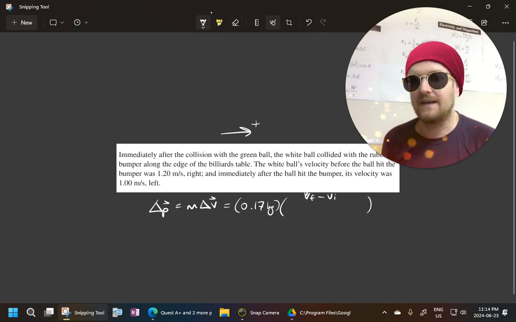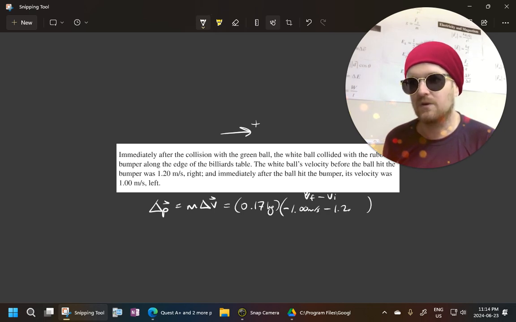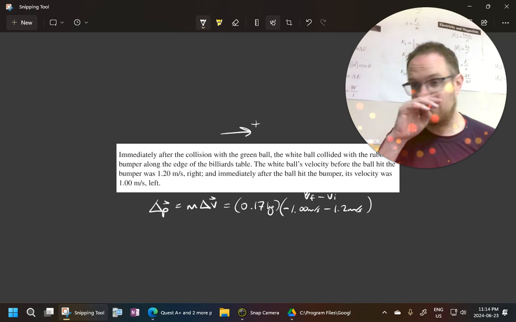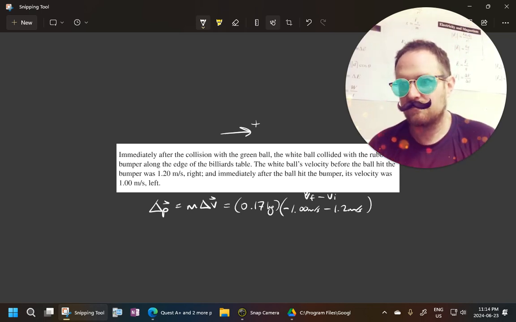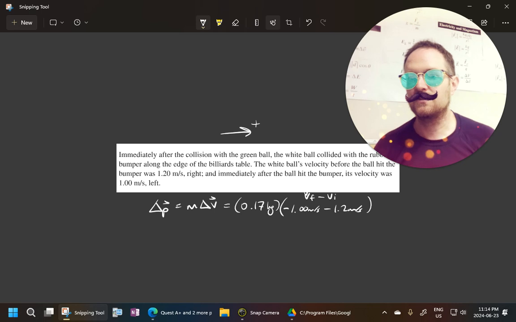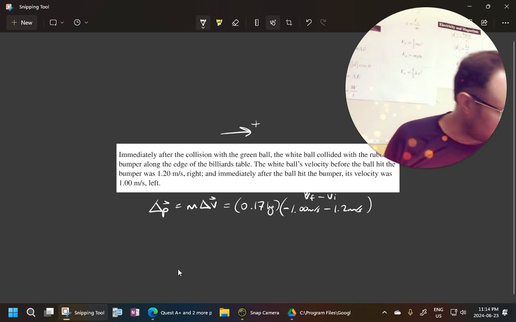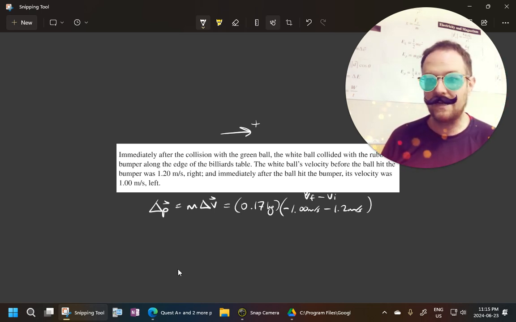So my final is going to be negative 1.00 meters per second minus 1.2 meters per second. That's minus a positive number, right? So I get negative 2.2, and I get a negative.